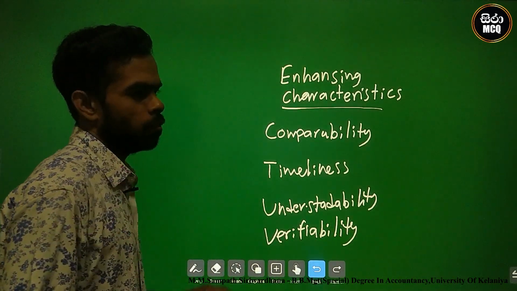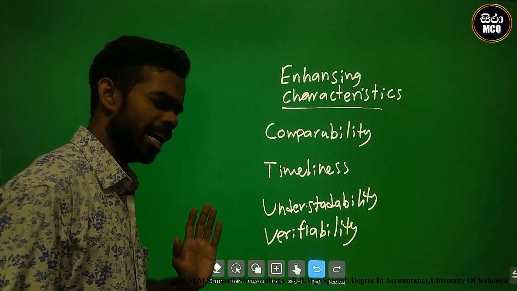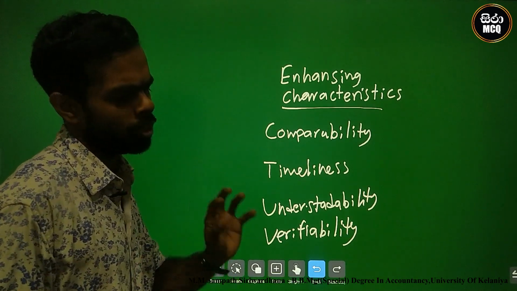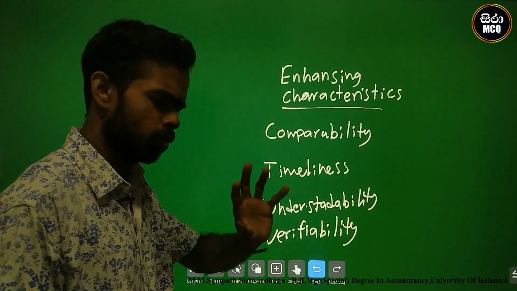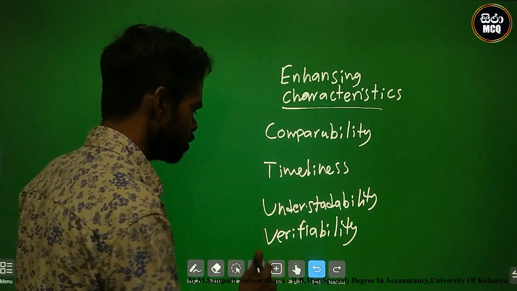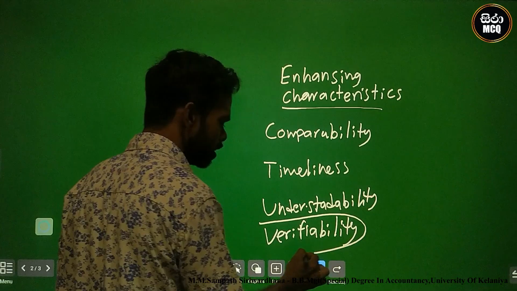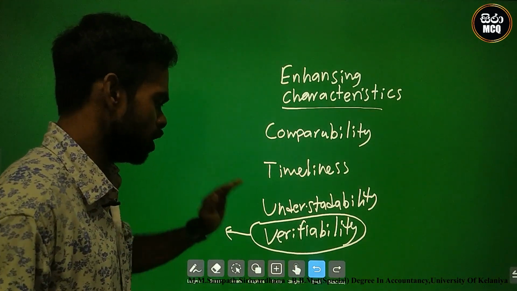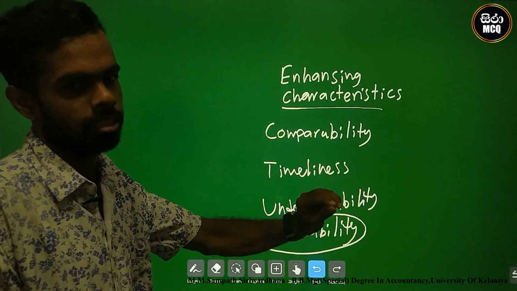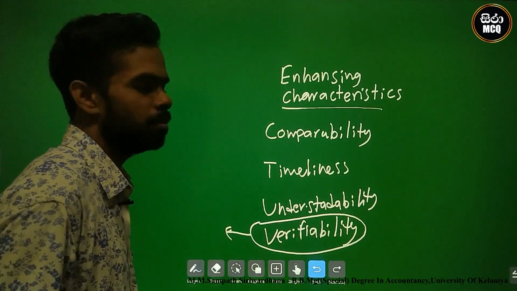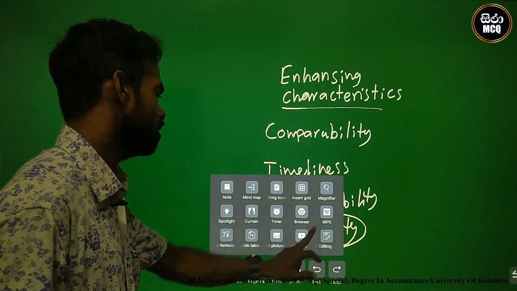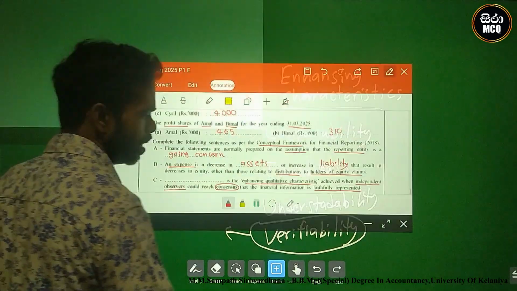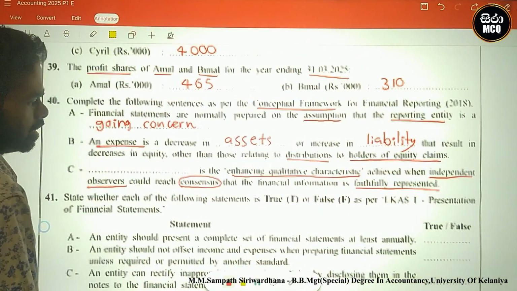The auditors verify that. Auditors commonly agree that the faithful representation of a financial statement is verified. This is the auditors' common view. Okay, the auditor says verified. A good financial statement has verifiability. Therefore we can identify verifiability as the answer. Enhancing characteristics.